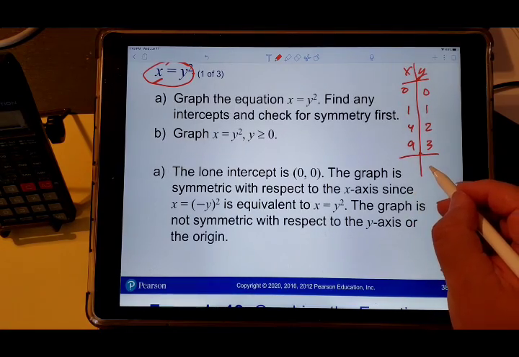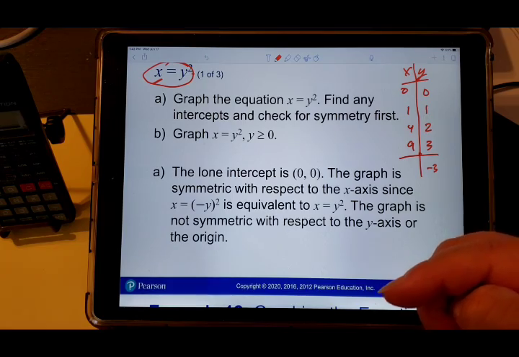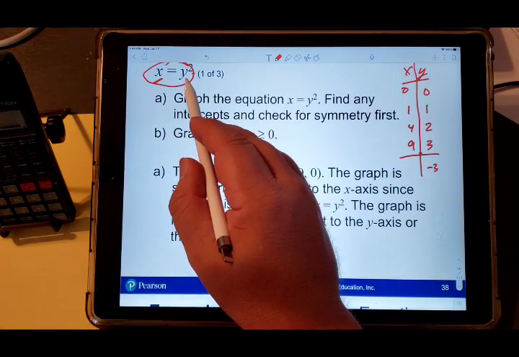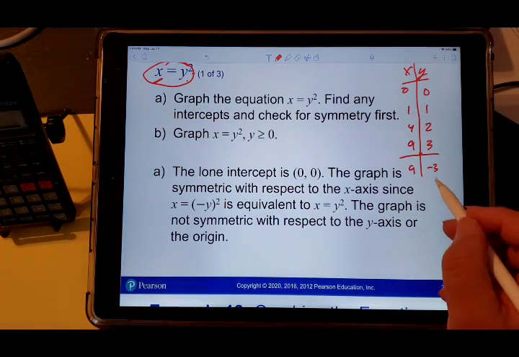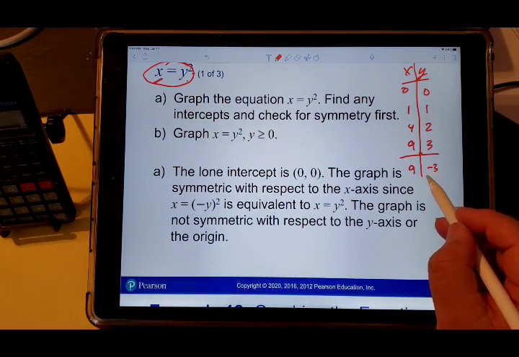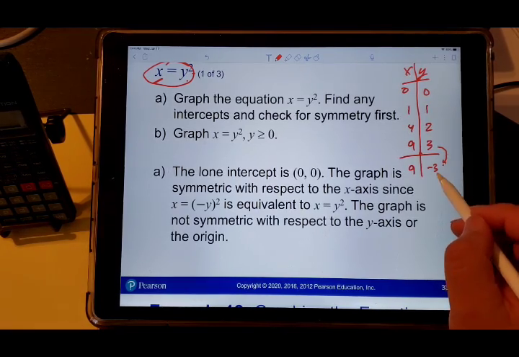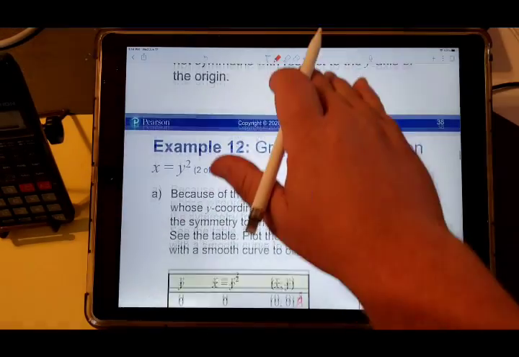I'm going to put in y equals negative 3 on my table and just do this numerically. If y is negative 3, negative 3 times negative 3 is positive 9. So this is a point, but it's a bonus point that I maybe didn't need to occupy in my table. Show you on the next slide.